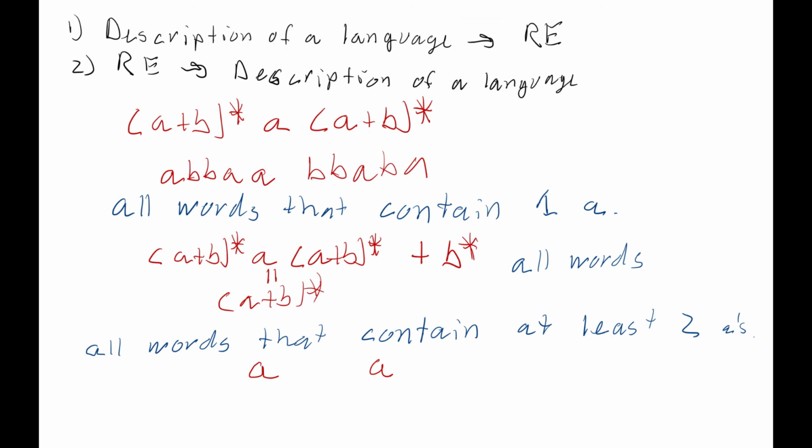It doesn't matter where the a's are, so we could put any word we want before it, between the two, and after it. So all we have to do is add (a or b)* in front of it, (a or b)* in between, and (a or b)* after it. And now we have the regular expression of all words that contain at least two a's.